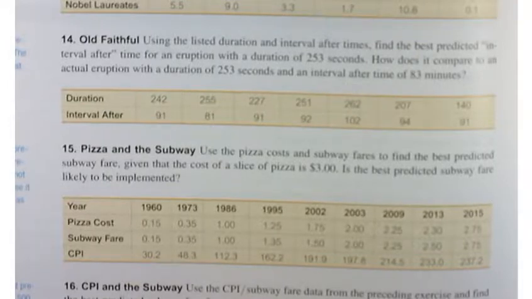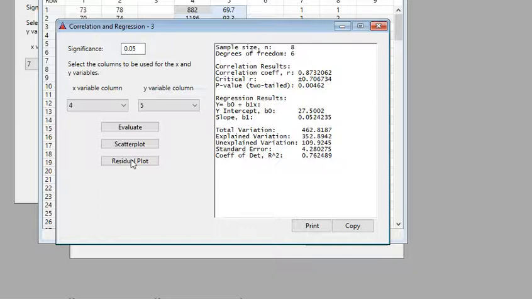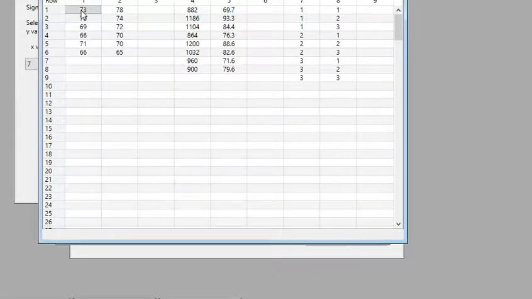Let's start by entering the data. So we'll go to StatDisk. I think I can get rid of these. I'm just going to type over these. So our interval times would be 242, 255, 227, 251, 262, 207, and then 140.